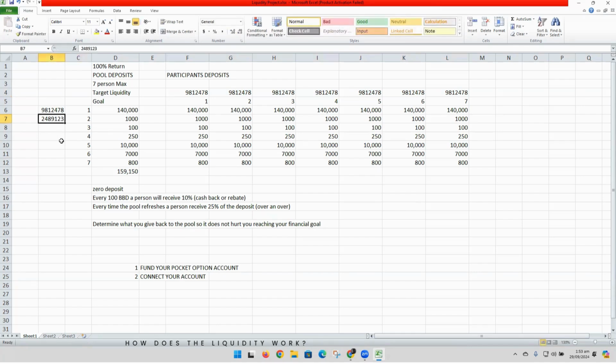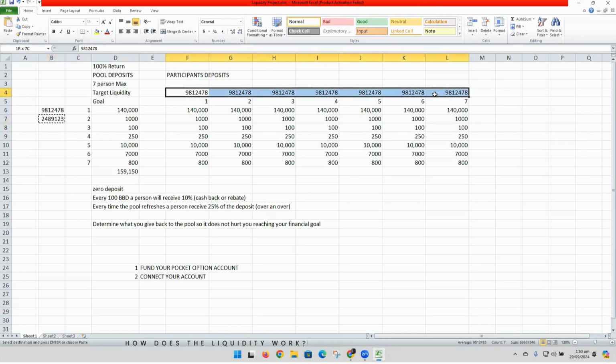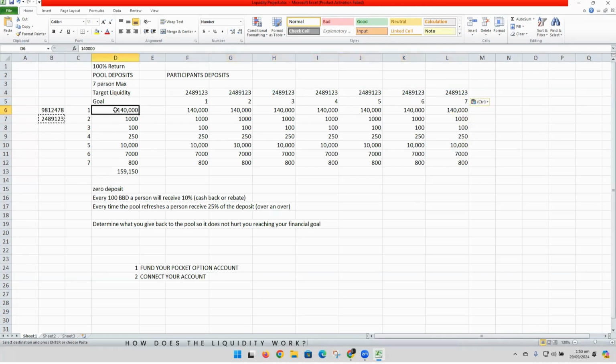Everybody is funded and they connect to that. So every single ebb and flow of this person's journey to $140,000, they get the losses and the wins. For the person who wants to achieve $1,000, everybody else helps them and gets that $1,000 as well, both the wins and the losses.